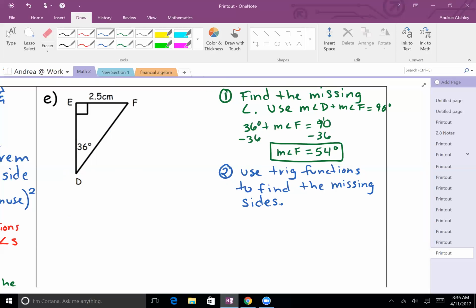We can't use the Pythagorean theorem because we only have one side, and for the Pythagorean theorem, we need two sides.